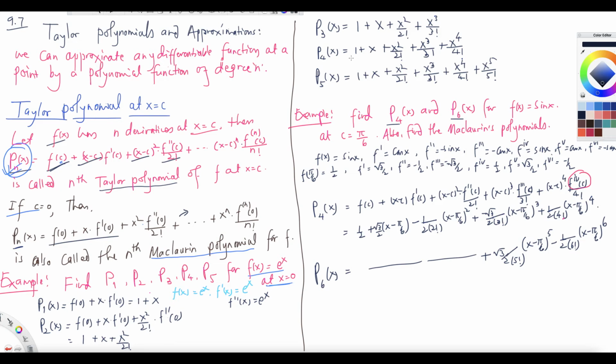If you have a lower degree polynomial, then you will have just okay approximation. But increasing the degree of the Taylor's polynomial basically increases the accuracy of the approximation.